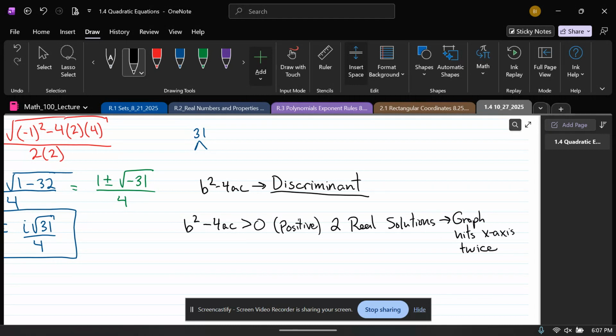It also means that the graph is going to hit the x-axis in 2 places. If b squared minus 4ac is equal to 0, that's just 0, right? Then you're going to have 1 real solution. The graph hits the x-axis in 1 place.